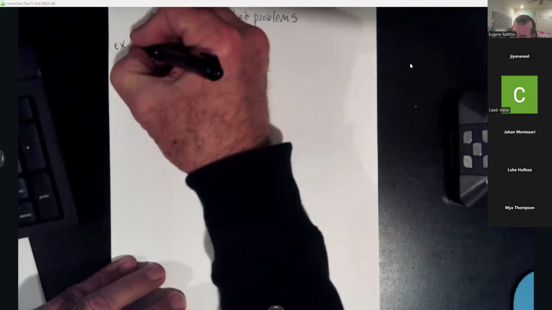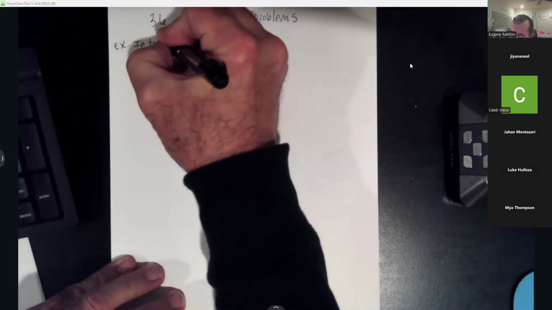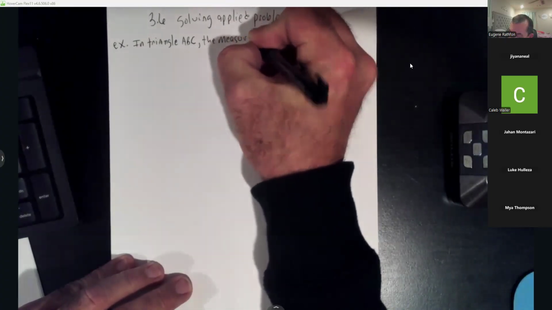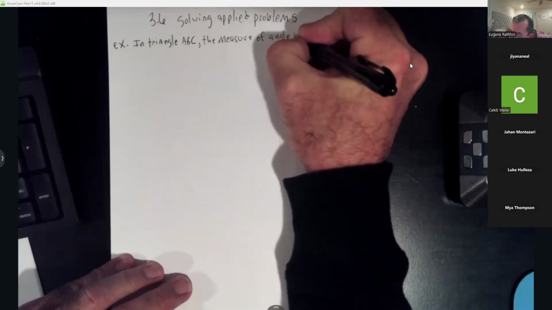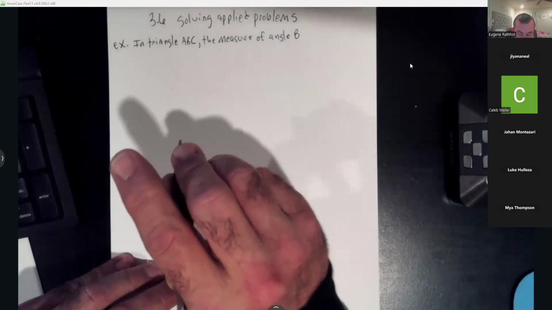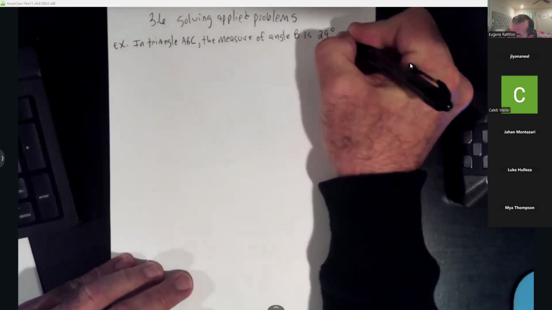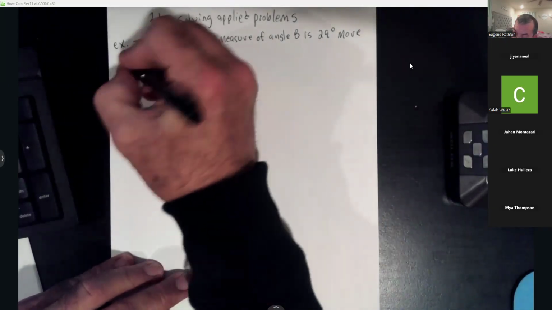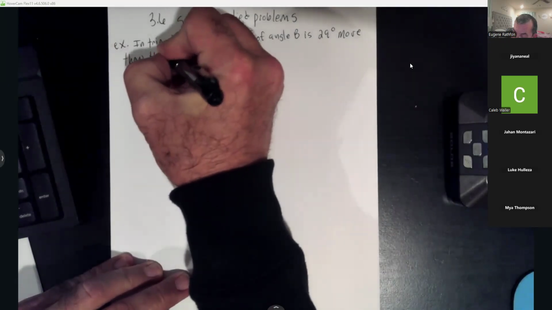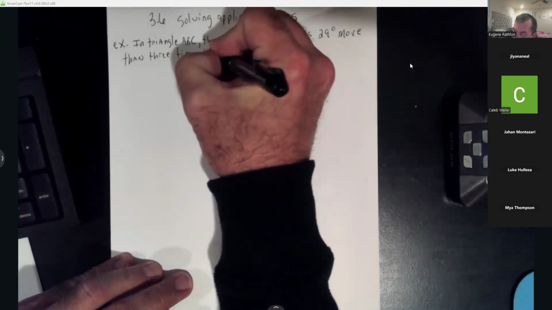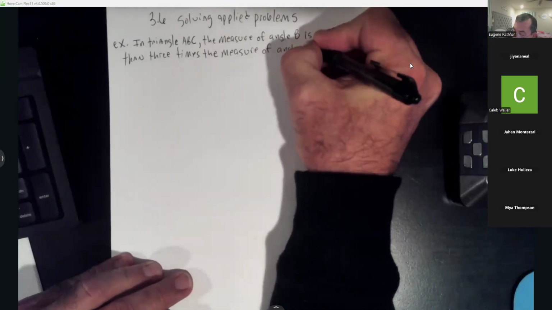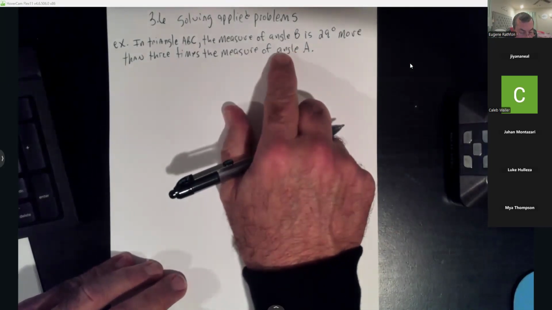All right, y'all. So my first problem says in triangle ABC, the measure of angle B is 29 degrees more than 3 times the measure of angle A. All right, so there's the first sentence they gave me for my first equation.